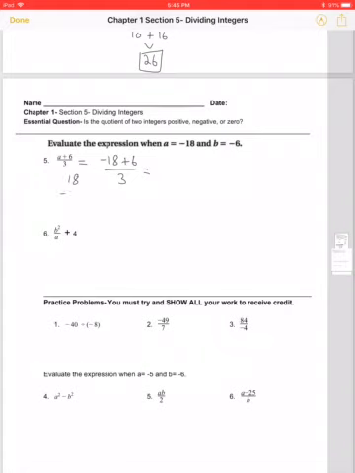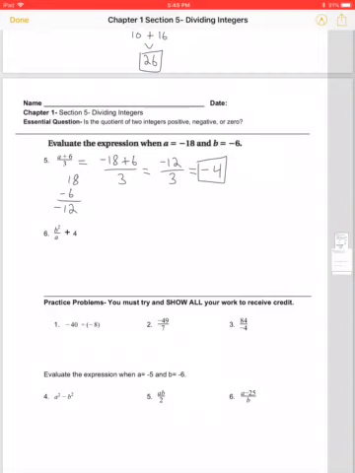They are different signs, so I'm going to subtract. Take the sign of the 18. Get negative 12. So I'm left with negative 12 over 3, or negative 12 divided by 3. Negative divided by a positive is a negative. 12 divided by 3 is 4. So my answer is negative 4.